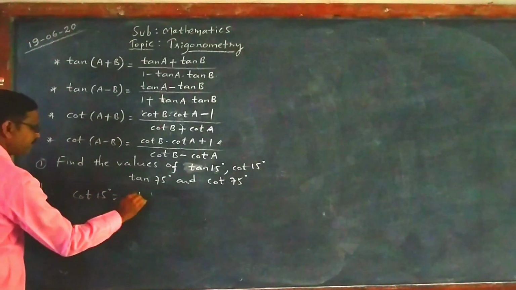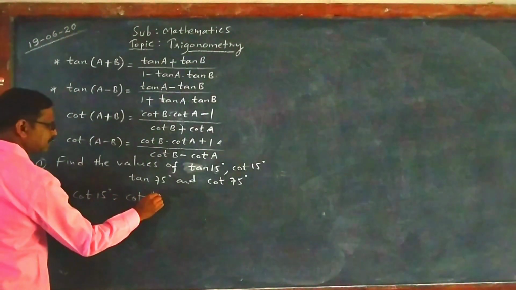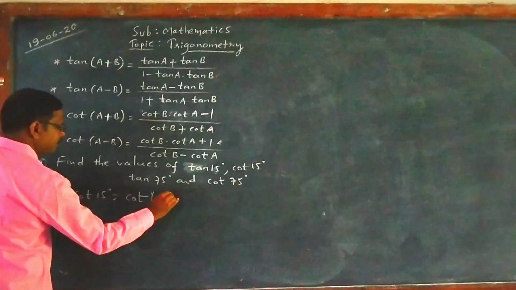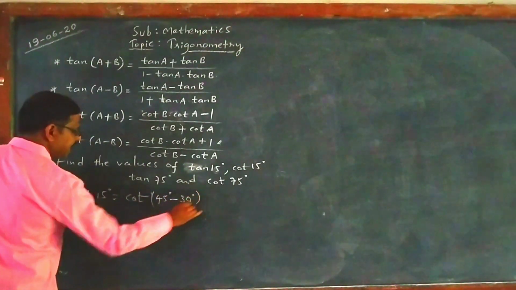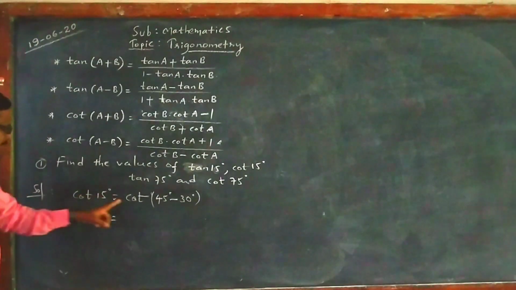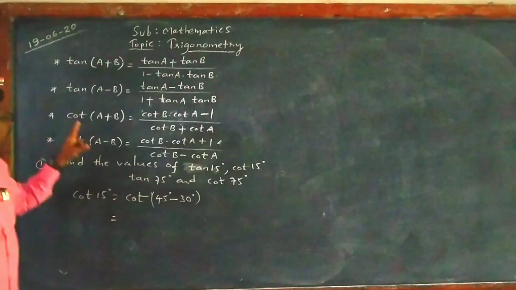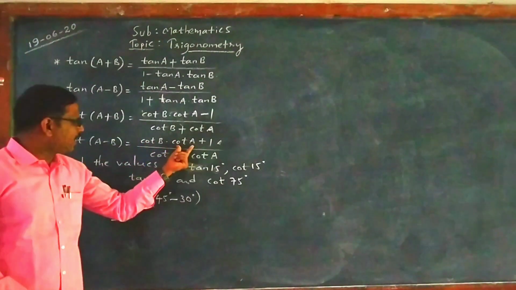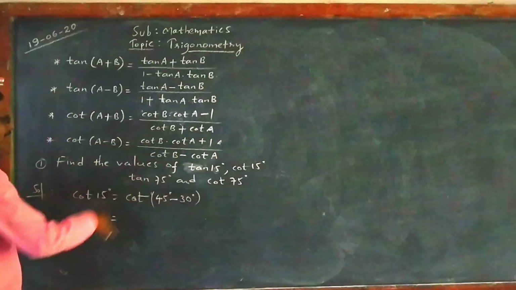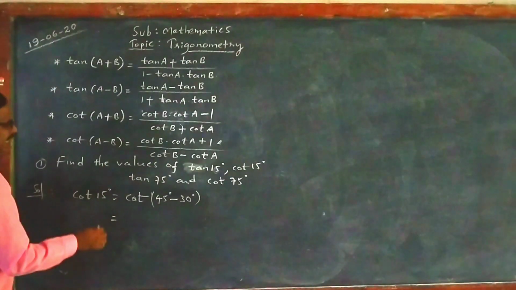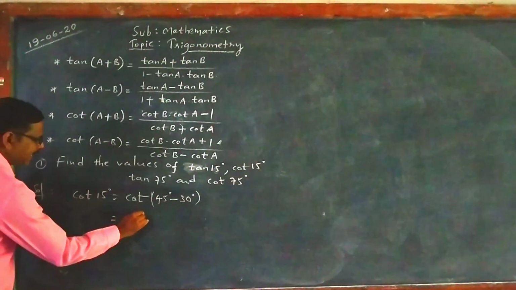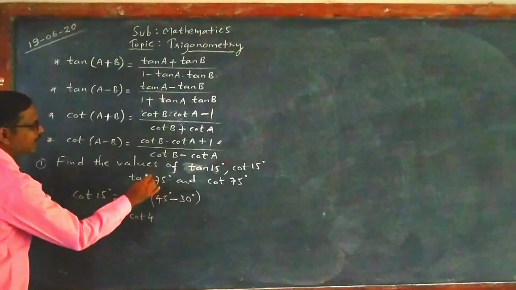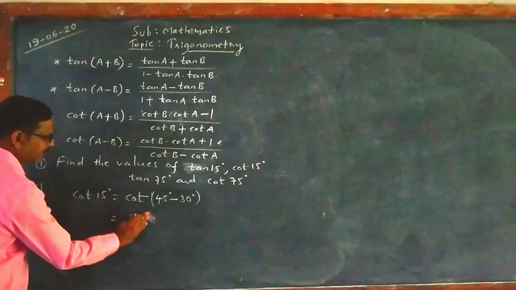Can I write cot 15 as cot 45 minus 30? Now it looks like cot a minus b. What did I say the formula for cot a minus b is? Cot b, cot a plus 1 by cot b minus cot a. So I can write cot b. Cot b means what? 30 now.